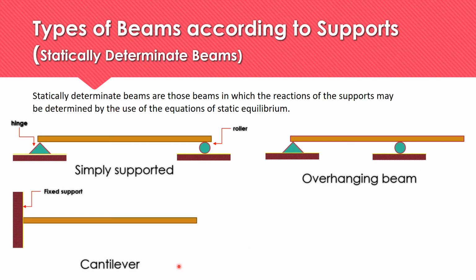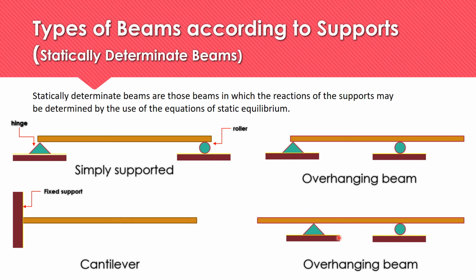Then we have cantilever beam. One end is fixed, the other one is free. And another overhanging beam, but this time, two ends are extended. So, simply supported pa rin to dahil combination ng hinge at saka roller, but two ends are extended without supports at the ends.